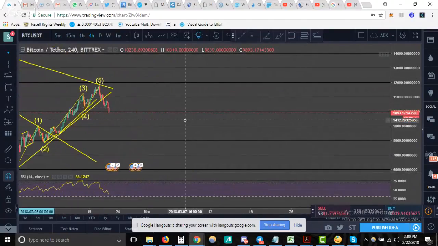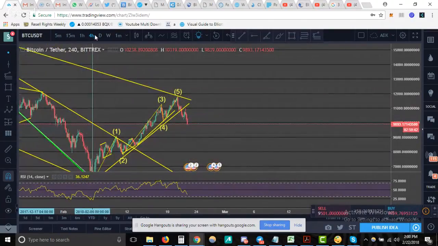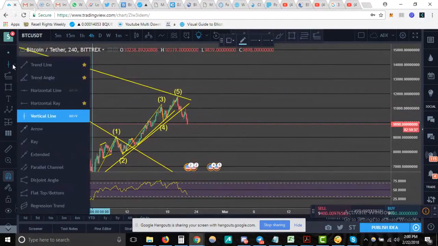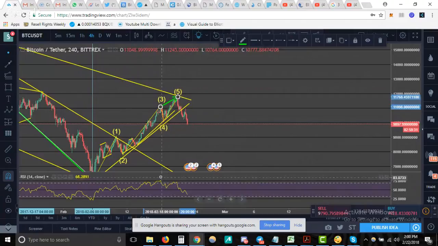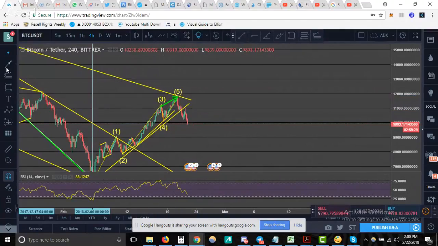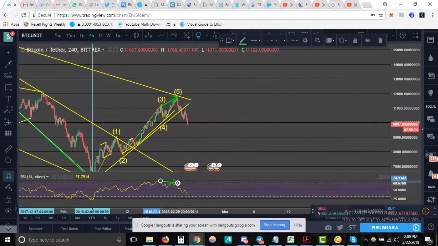Now, let me draw it and you will see what I'm doing. We can see there is a higher high here. But here there is slightly, but it's not too clear.